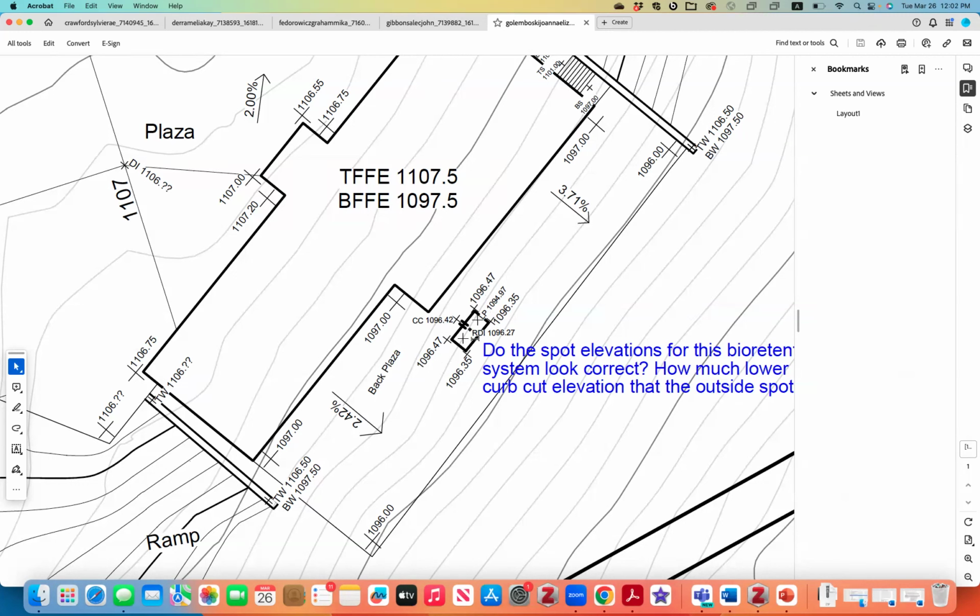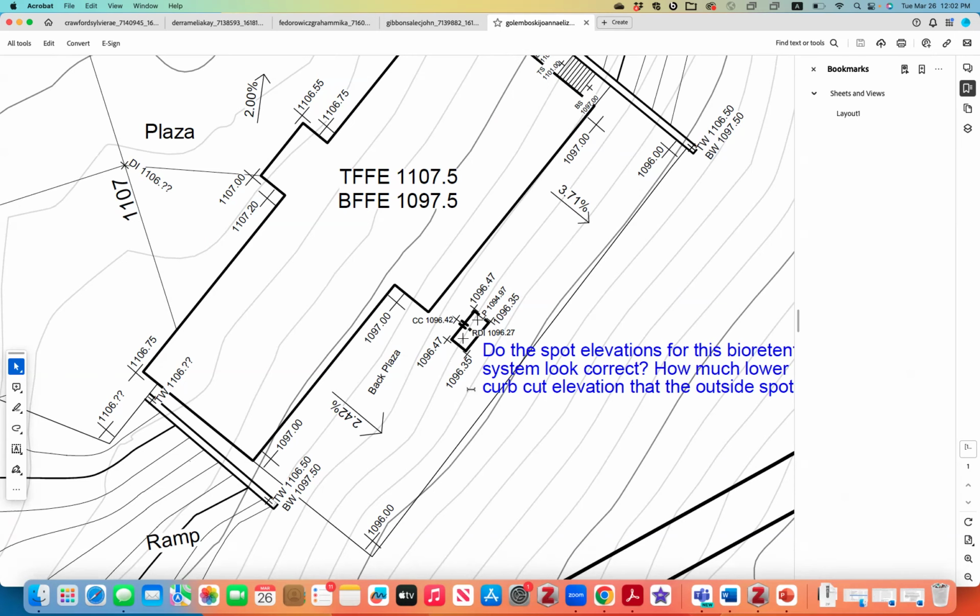And then the RDI, you pinch it down a little bit, because on the other side you are only at 1096.35. There's not enough elevation difference between the lower side, the 0.35, and your RDI 6.27. I would actually just set it at about 1096, and then your LP would be 1095.